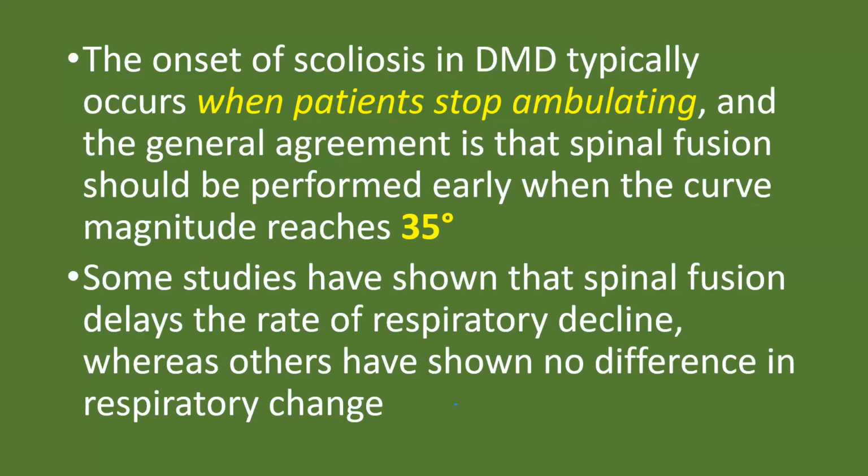The general agreement is that spinal fusion, long spinal fusion, should be performed early when the curve magnitude reaches 35 degrees. Some studies have shown that spinal fusion delays the rate of respiratory decline, whereas others have shown no difference in respiratory change.